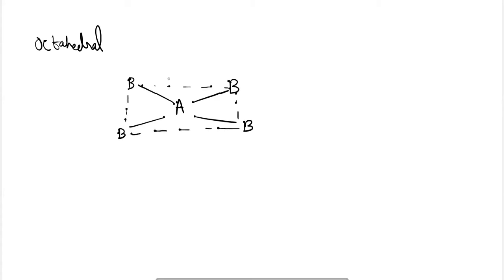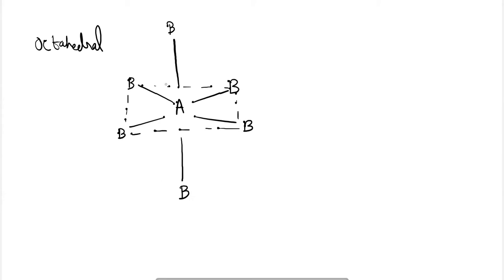Taking an example, A is the central atom and 4 B are attached to this A in a single plane, forming a square, and 1 B is bonded to this A above this plane and 1 B is bonded to this A below this plane, forming a perpendicular angle.